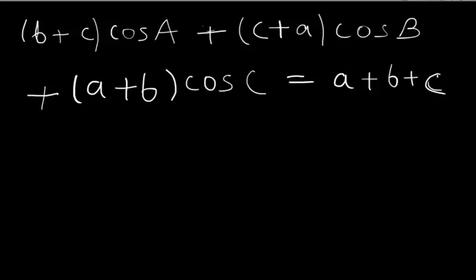So let's do that. We have three terms on the left hand side, and each term gives rise to two terms, so in total we have 6 terms. Let's expand these.